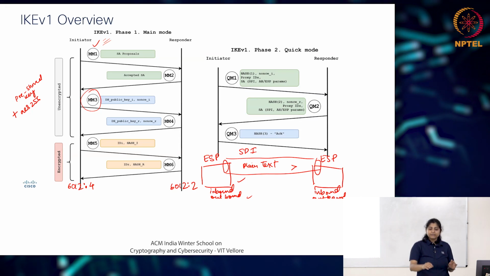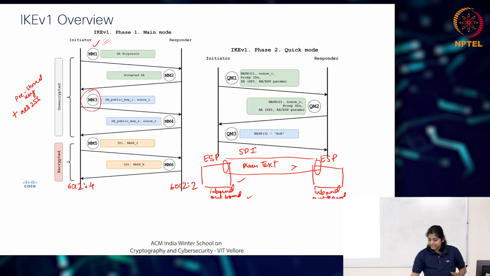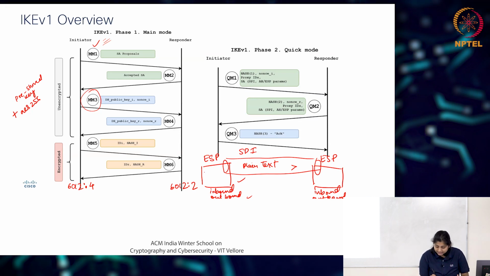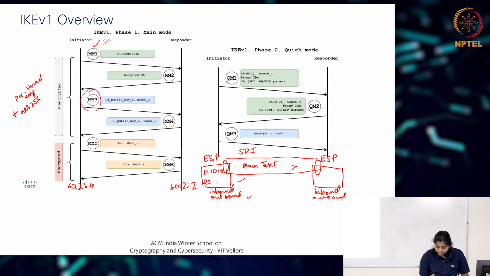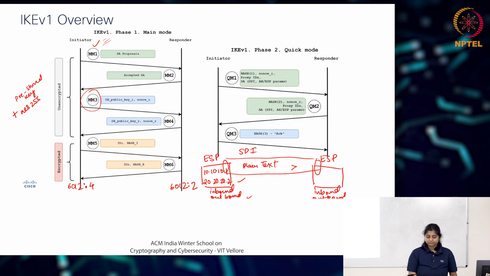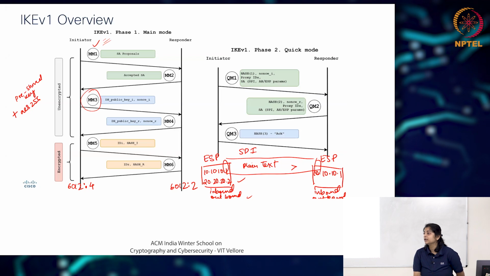So, if we have the ESP database where we are saying that this ESP database is for 10.10.10.1 and 20.20.20.2. Same here. Because we exchange the same proxy IDs, that is how the tunnel is established.